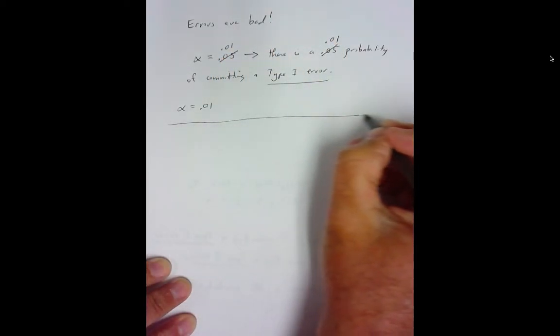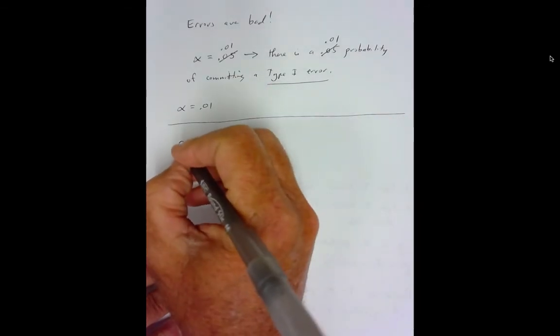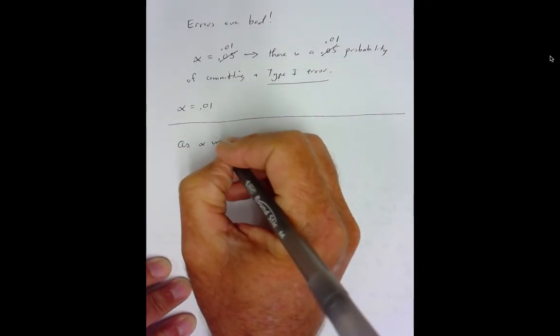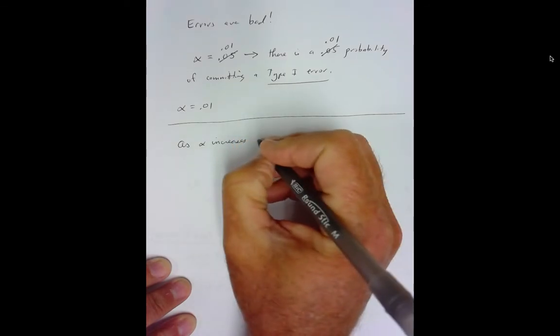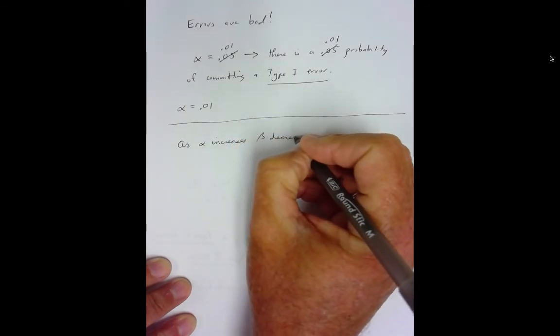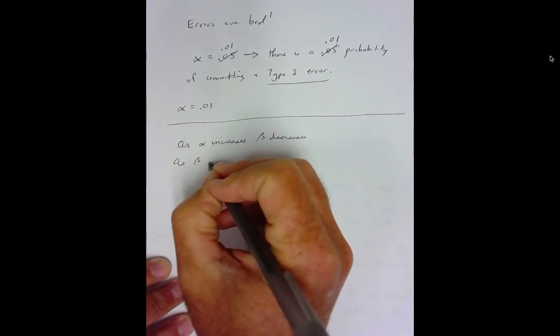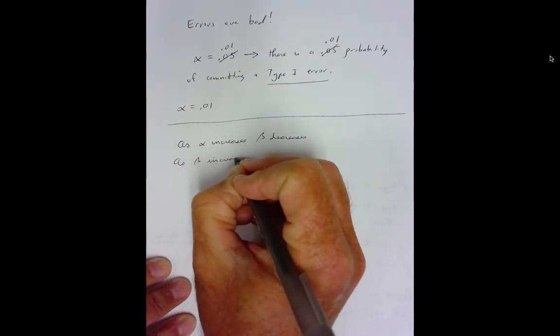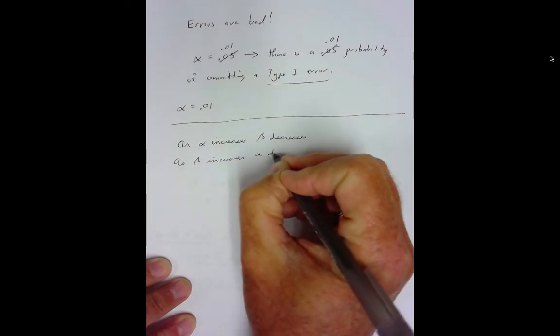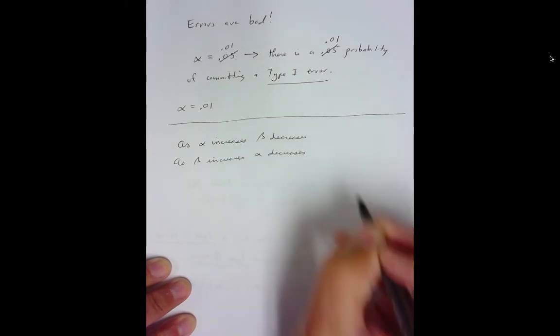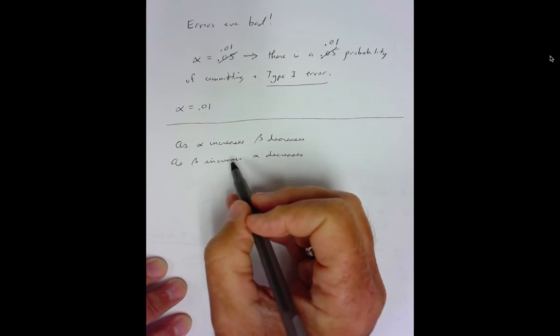Well, guys, it turns out that as alpha increases, beta decreases. As beta increases, alpha decreases. So we get this opposite reaction.